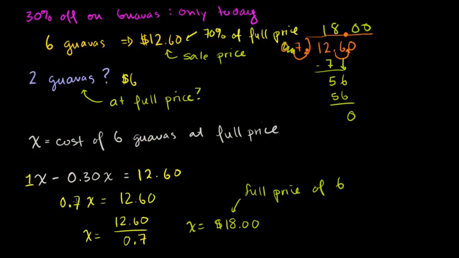That's equivalent to saying 70% of the full price is $12.60. Then we solved this algebraically, dividing both sides by 0.7, and we got x, the full price of 6 guavas, is $18, or $3 per guava, or $6 for 2. Anyway, hopefully you found that helpful.